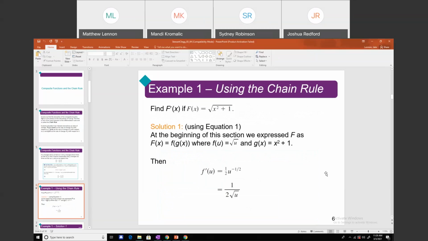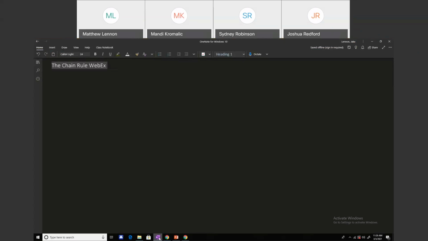Okay, so let's look at this one. You can kind of see how they'll set it up. I'll show you how I set it up. So we have this capital F of x is x squared plus 1. So let me show you how I would set this up. So example. So differentiate.